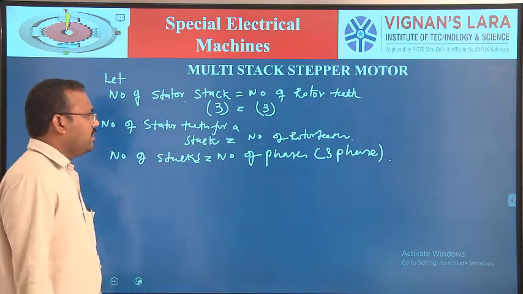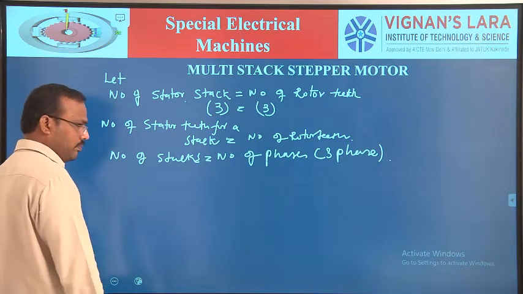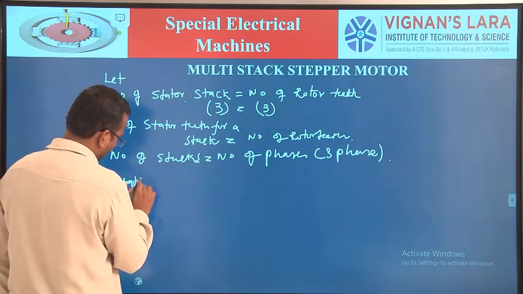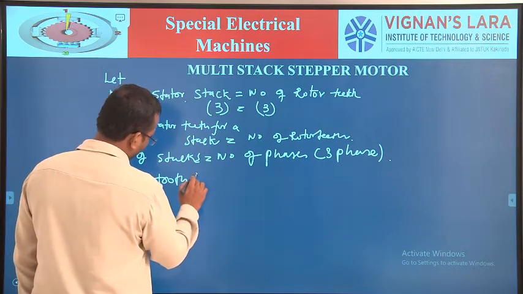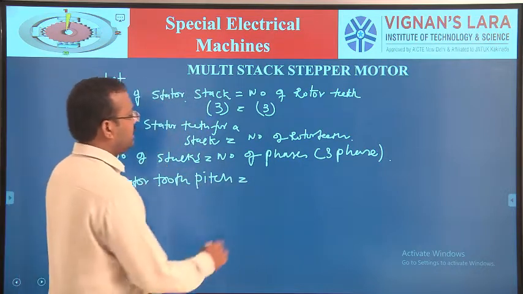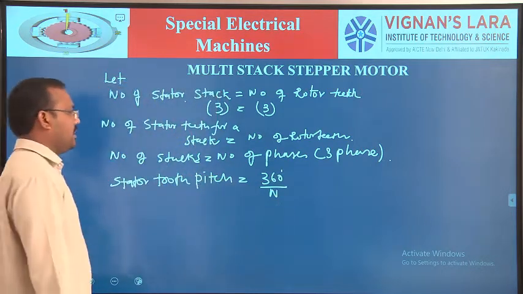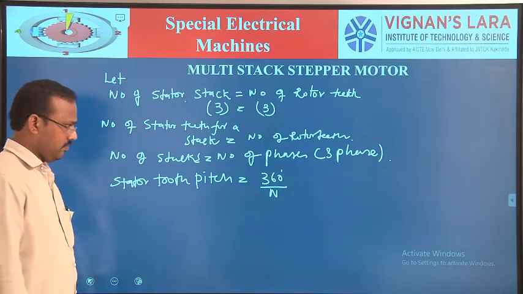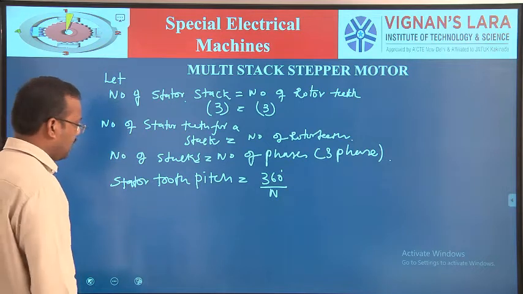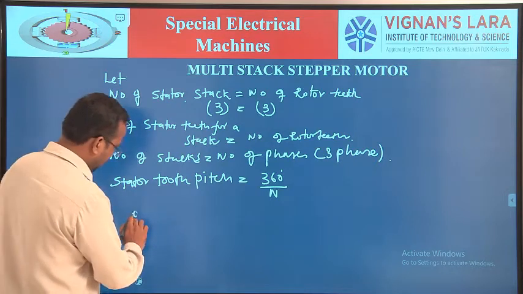Next we will find the stator tooth pitch. The formula of stator tooth pitch is equal to 360 degrees upon n. Then the offset angle formula. What is the offset angle or step size?